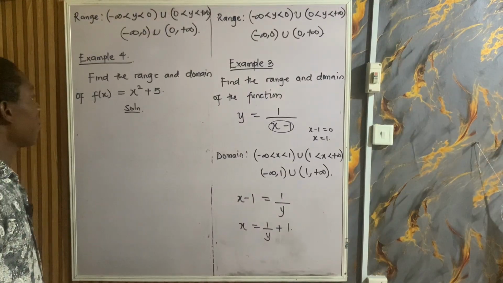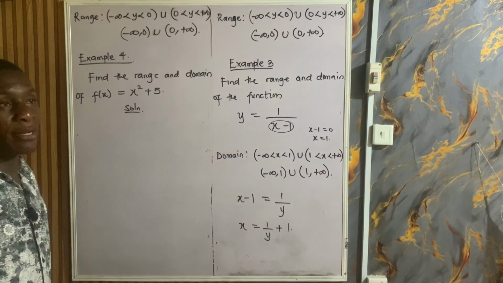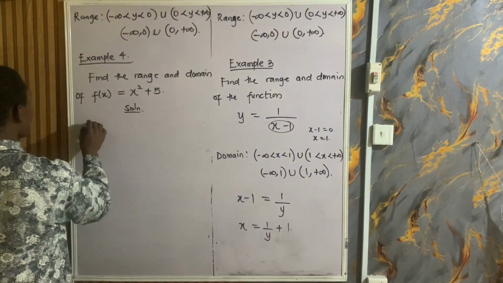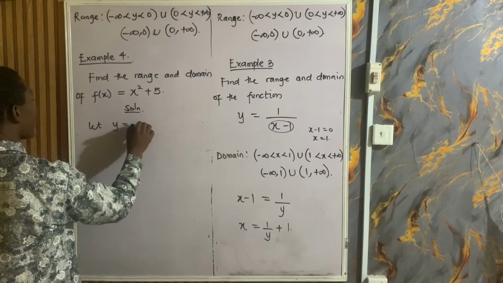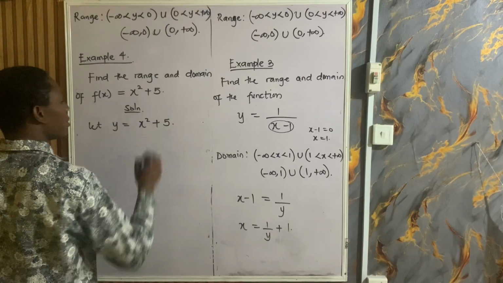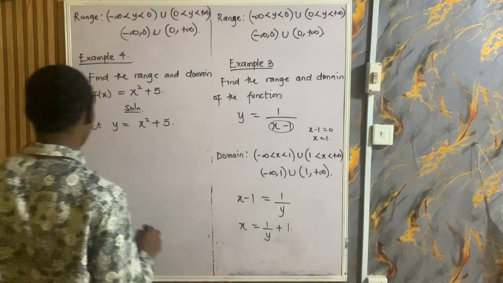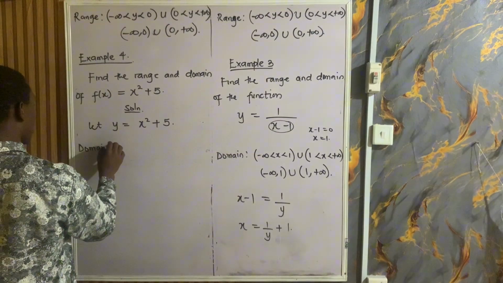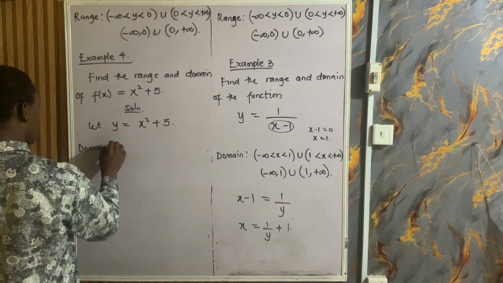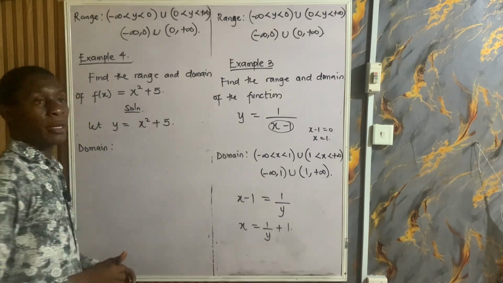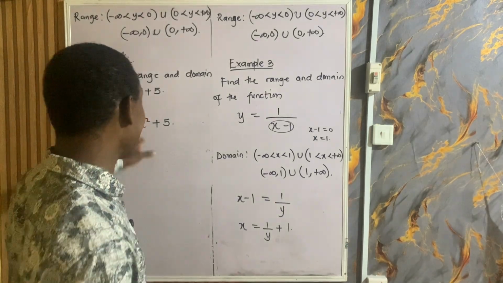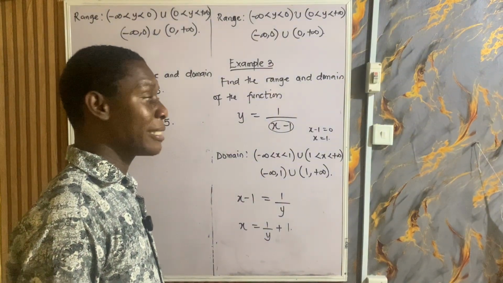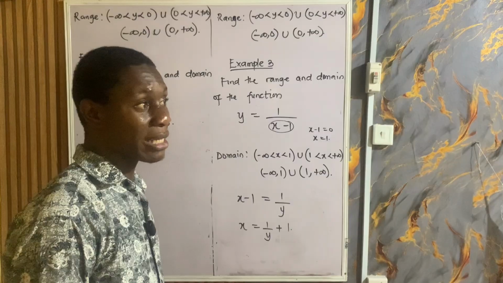Example 4. Find the range and domain of f of x equal to x squared plus 5. And so solution, let's just say y is equal to x squared plus 5. So now, to get our domain, the first thing I'm going to ask is, is there any number x would take that wouldn't make me have an answer for y?